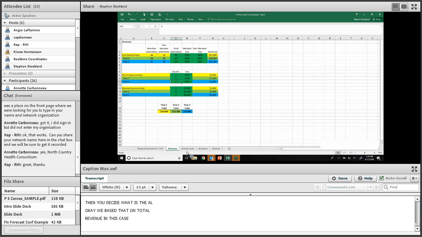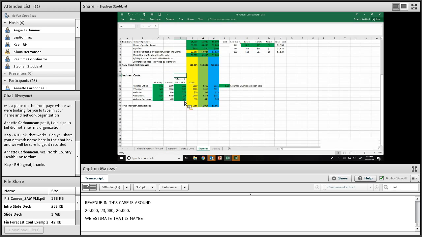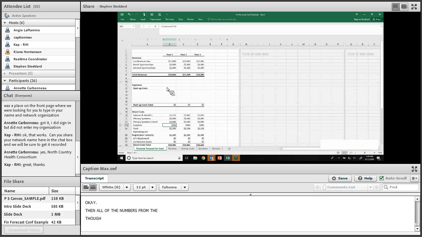And then down below, the indirect costs are shown as well, based on an allocation of 5%. And so anyhow, we estimated that by saying what is our monthly amount for each of these, and then that times 12 gives you the annual amount, and then you can decide what is the right allocation or good estimation of that.